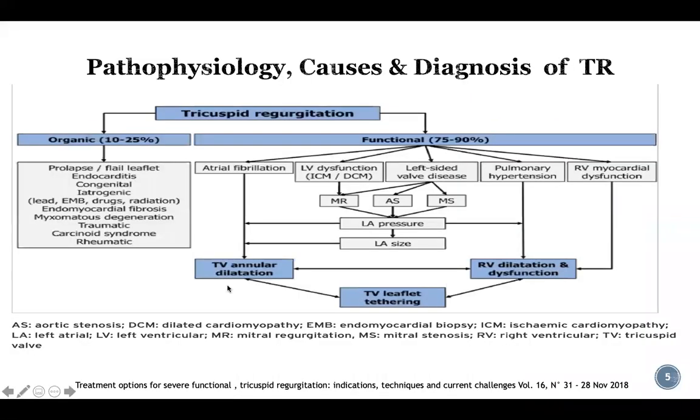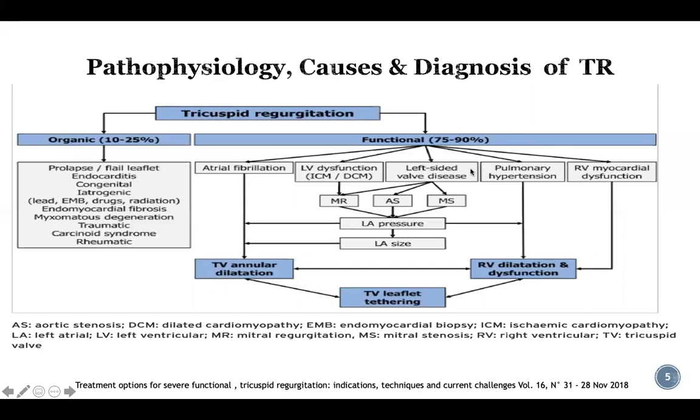Now we'll move on to talk about pathophysiology, causes, and diagnosis of TR. TR is either primary, which is organic, due to different causes: congenital, iatrogenic like lead, endomyocardial fibrosis, or myxomatous, traumatic, infective endocarditis, or secondary, which is functional, most commonly due to left-sided valve disease, mainly MR, AS, MS, and that will lead to increase in atrial pressure, increase in atrial size, and both of those will eventually affect the right side and lead to tricuspid valve annular dilatation.